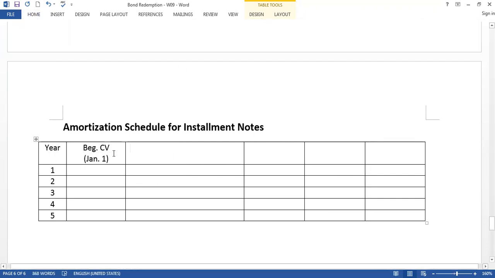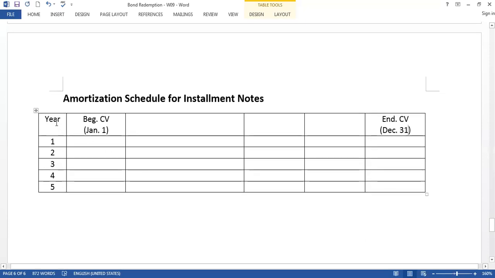The last column is called ending carrying value, and this is December 31st. So try to understand these columns. First, we talk about year, then we have beginning carrying value, then at the last column, it is ending carrying value, right? Yes.